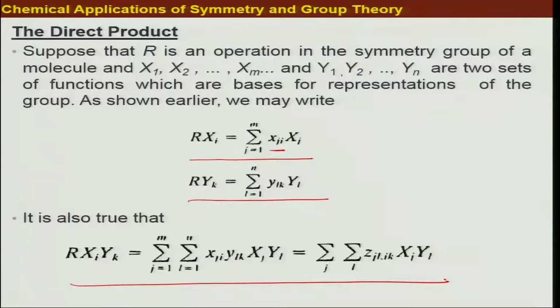So when you combine these basis functions x and y, and then operate the symmetry operation R on that, you get the result as this one, which is really not much different from these individual ones. What we are talking about is the combination of two different sets of basis functions, and then operating the symmetry operation on that.